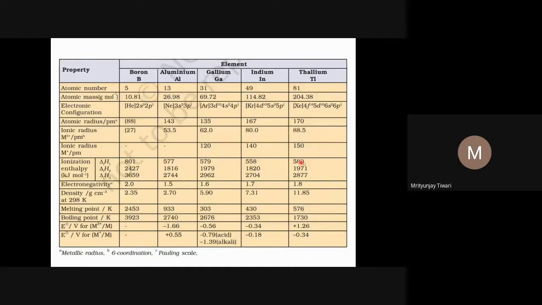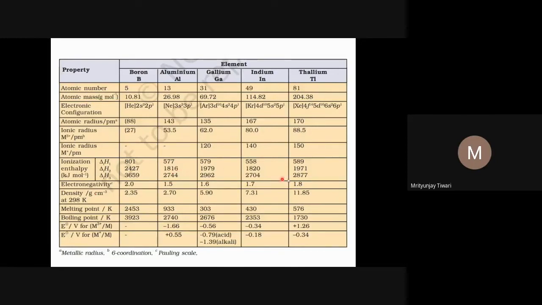First ionization, second, and so on. What is important to remember here is that if you sum these values, they are very high for boron, and that is why boron doesn't exist as a plus 3 ion. If you sum all three values it will be quite high, so energetically the formation of boron plus 3 is very unfavorable.